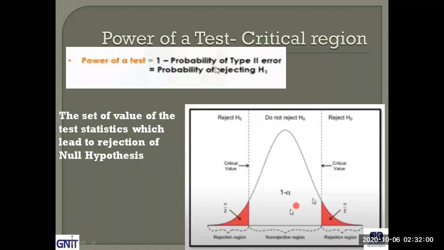If this is 21, this is 25, and the middle one is exactly 23, then from 21 to 25 is our non-rejection or acceptance region. And this age 21 or 25 is called the critical value. So within this region we do not reject the null hypothesis, but beyond this region we reject the null hypothesis.